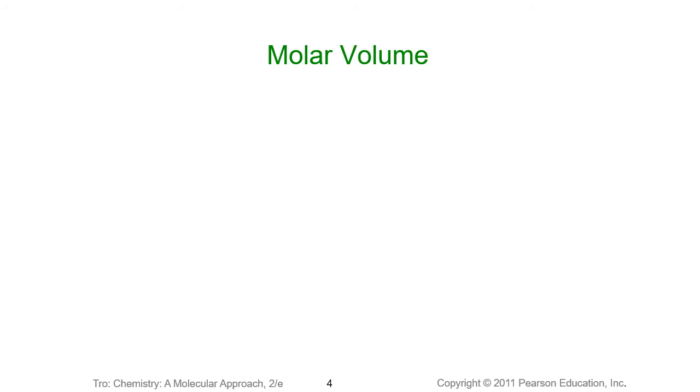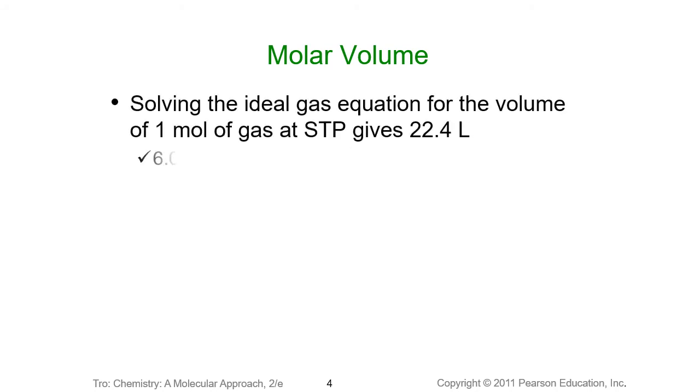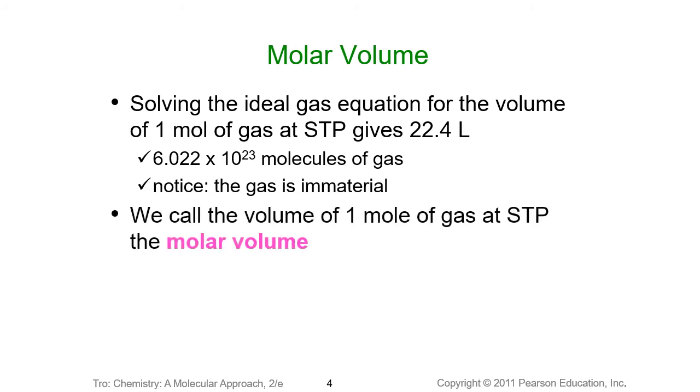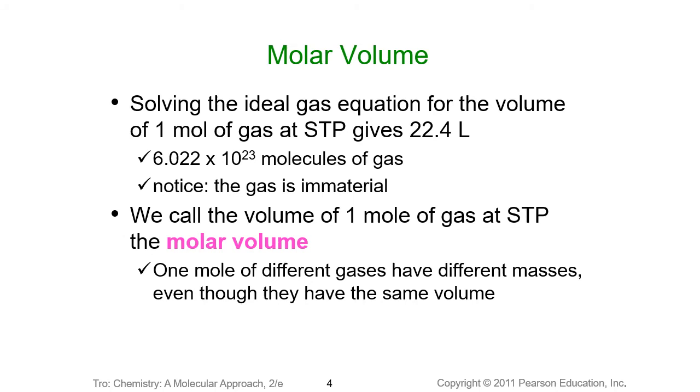If we have standard temperature and pressure, and we solve for 1 mole of gas, we get something called the molar volume. That molar volume is 22.4 liters. It doesn't matter what gas we're talking about: 1 mole of gas at standard temperature and pressure gives us 22.4 liters. We call this the molar volume.